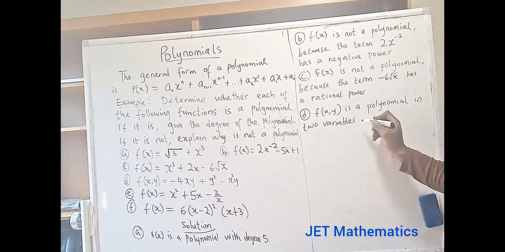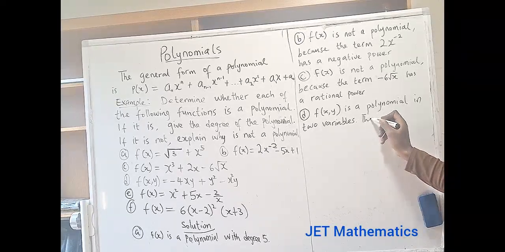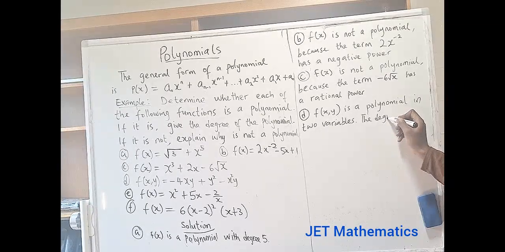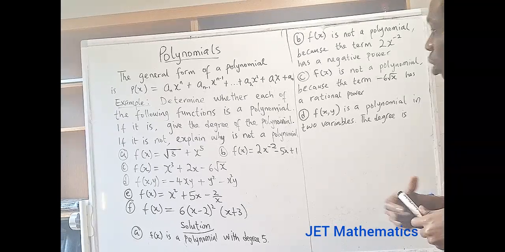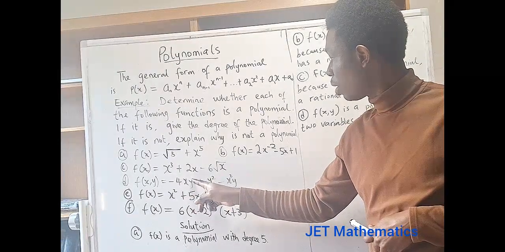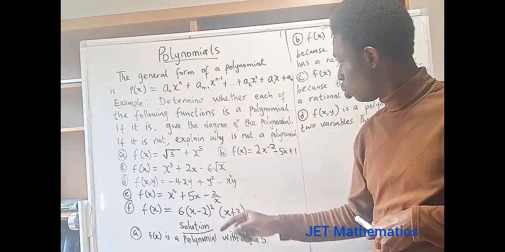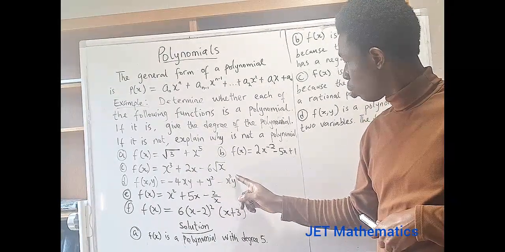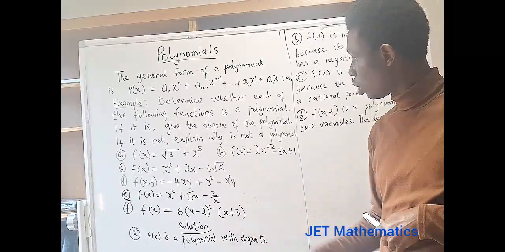But what will be the degree of the polynomial? Let's see, the power of x here is 1 and the power of y here is 1. 1 plus 1 is 2. The power here is 2 and the power here is 1, x is carrying 2, y is carrying 1. So 2 plus 1 is 3.